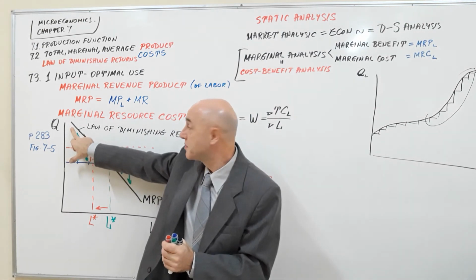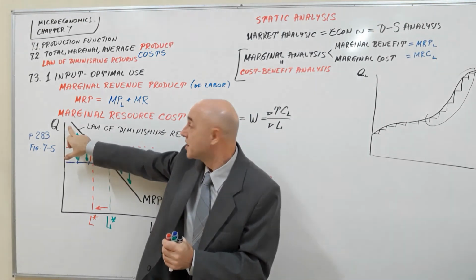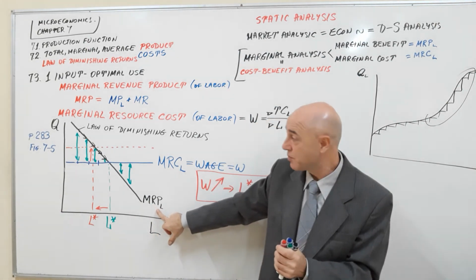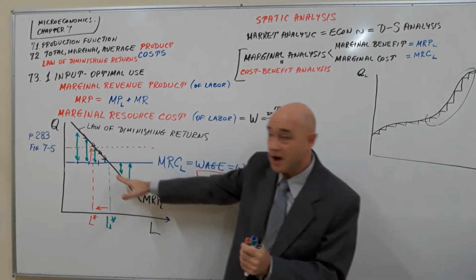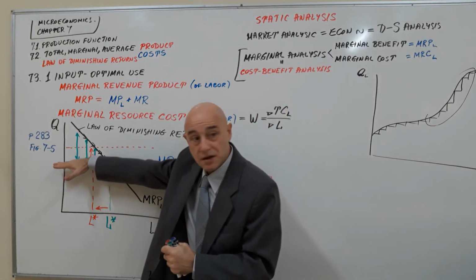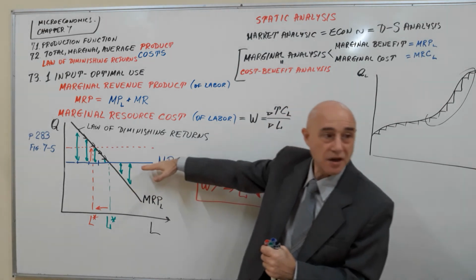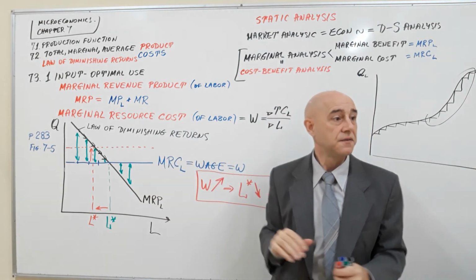because of the law of diminishing returns, the marginal revenue product of labor will be declining, while because of the labor market, the cost will be flat.